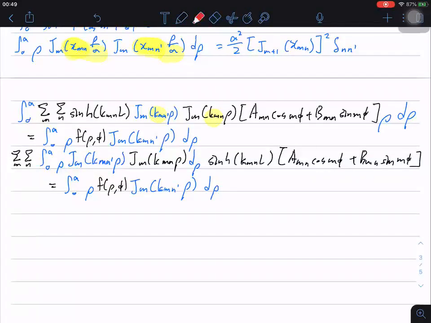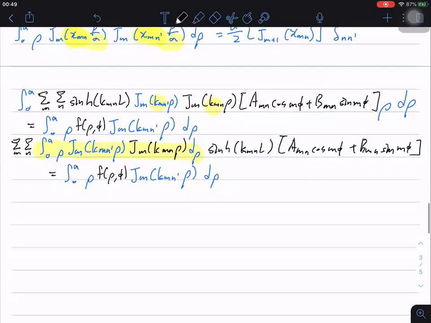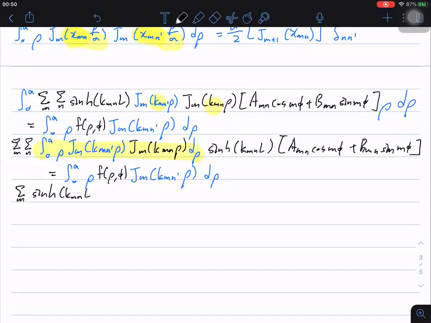And here now you can use the orthogonality condition, since, just like the Fourier series, for n not equal to n prime, this term will vanish and only n equals n prime is left. So for the whole summation of n, we basically just select one Bessel function and get rid of one summation.